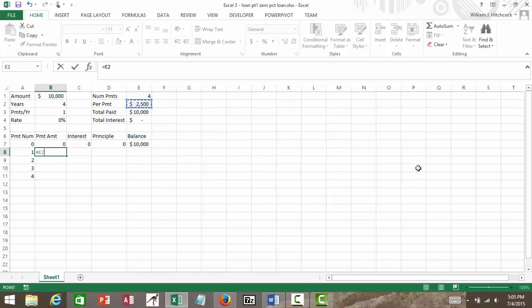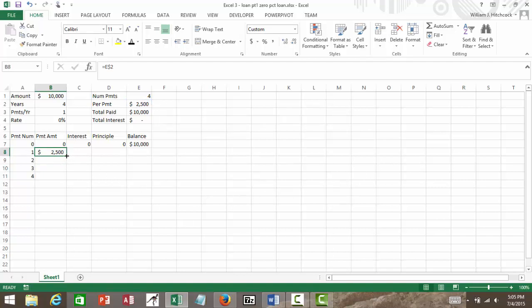Now I want to use either a mixed or an absolute reference on that because it's always going to be cell E2. So I'm going to hit function F4, and actually all I really need is the $ sign in front of the 2 because it's always going to lock in row 2. So I'll just make it E$2, and then I will copy this down.